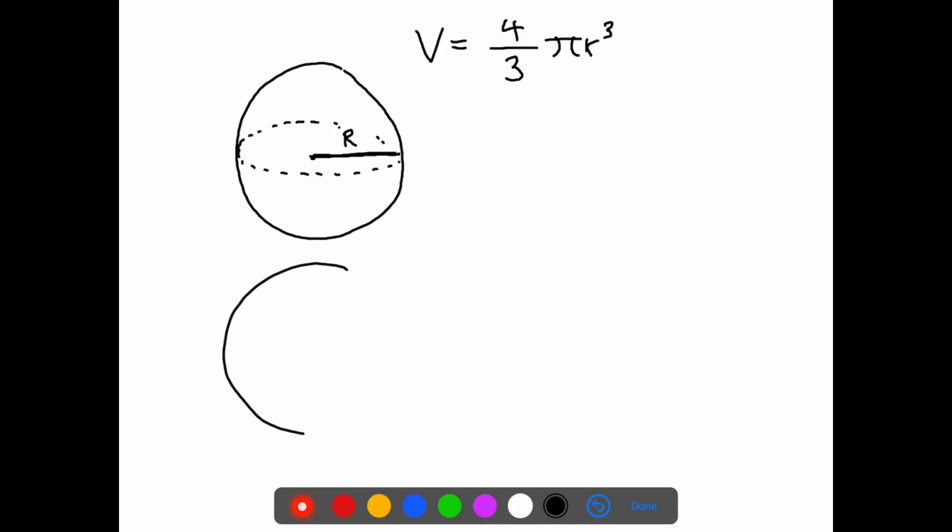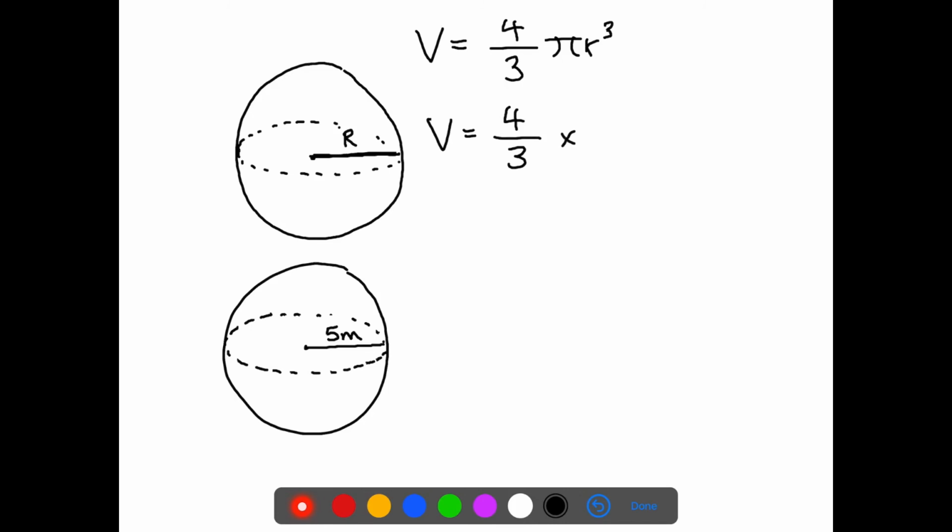Okay, so if we have a sphere then instead with a radius of 5 meters, how would you work out the volume? So we are going to write down the volume equals 4/3 times pi, which we will come back to, times the radius, times the radius again, and times the radius again.